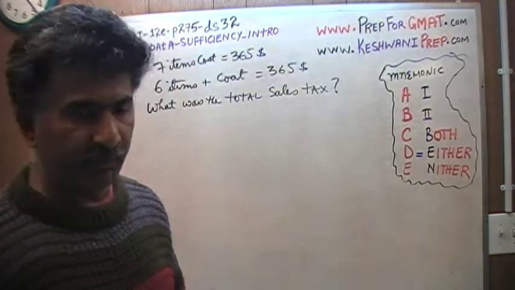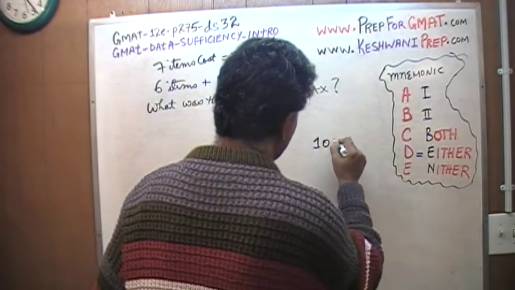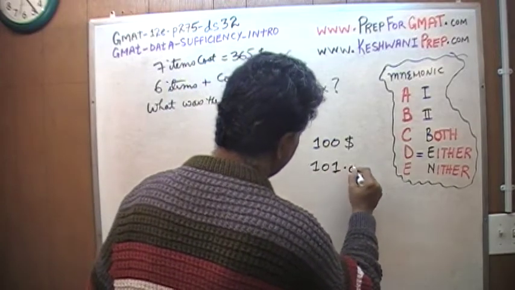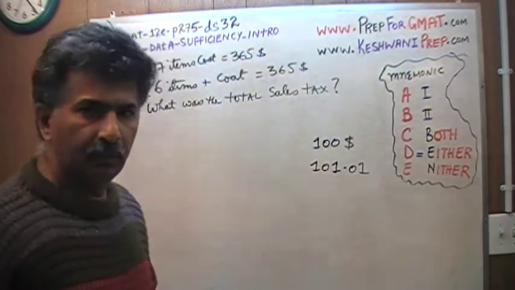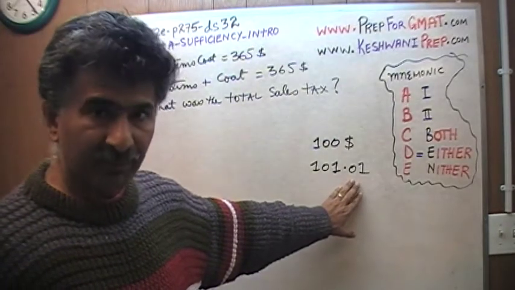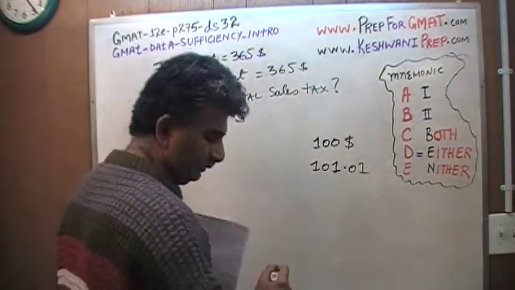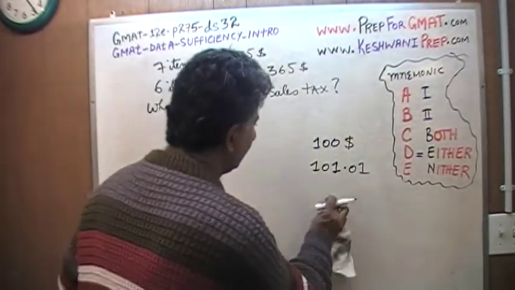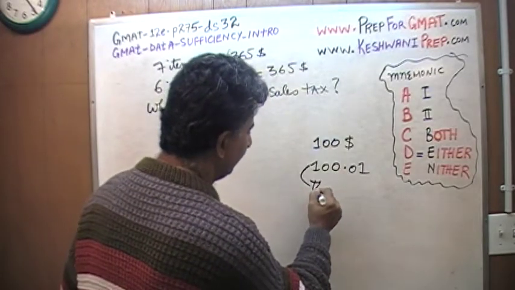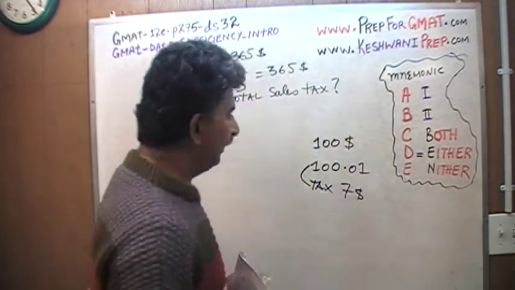Here's a question. I'm going to digress for a second. If you were to buy something for $100 as opposed to buying something for $100.01, what is the marginal cost of that 1 extra cent of price? Here, the tax would be 7%. You will end up paying $7.